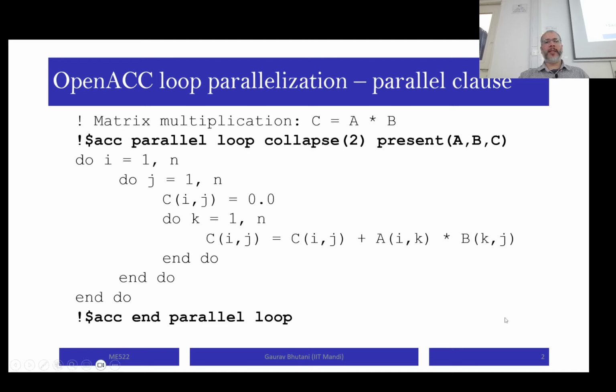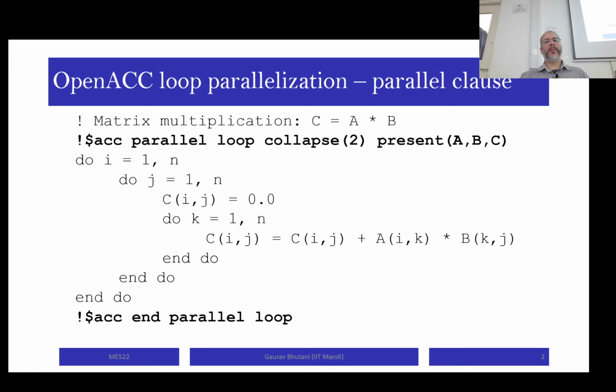And then there is this statement called present(A, B, C), where A, B and C are matrices. Present means that before you start doing anything on the GPU, it's telling the compiler that these matrices A, B and C are already present on the device. Remember, the device has its own memory. The architecture does not change, we are just changing the programming paradigm.